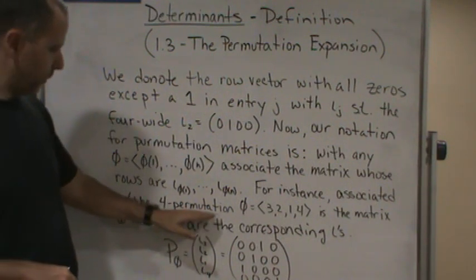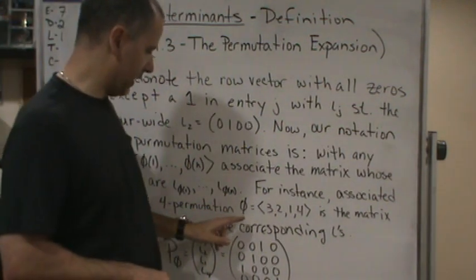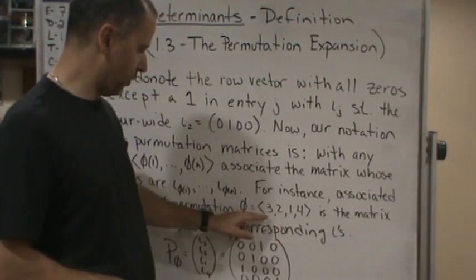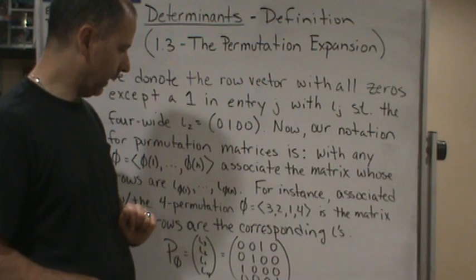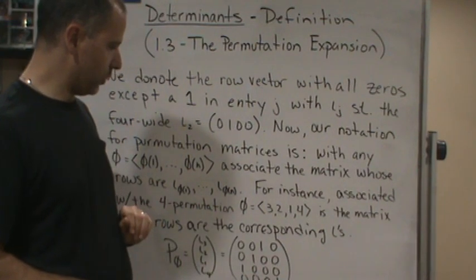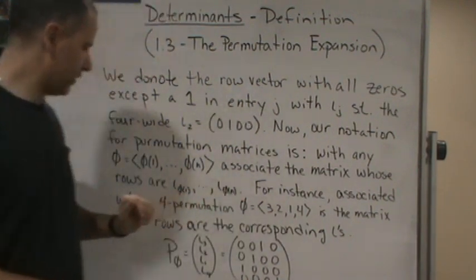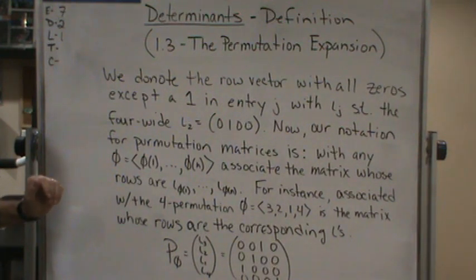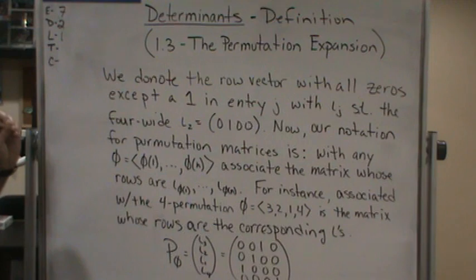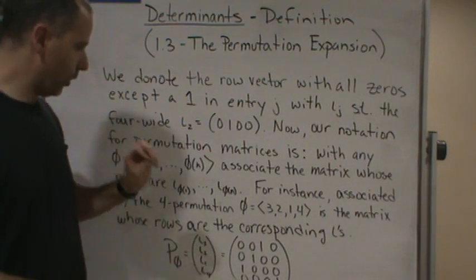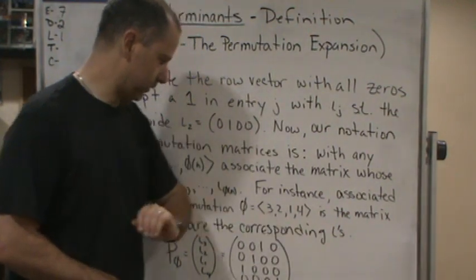Now, for instance, let's say we have this associated with the 4 permutation here. So let's say phi is given by this permutation 3, 2, 1, 4. Okay? So this is the permutation we're using. Associated with this permutation is the matrix whose rows correspond to the iotas.